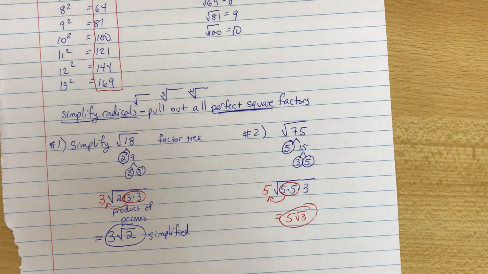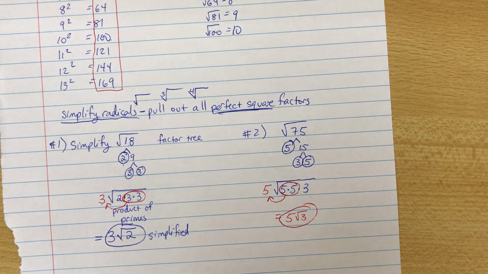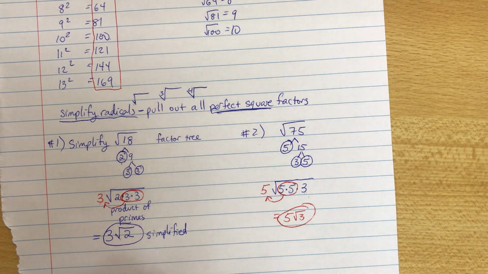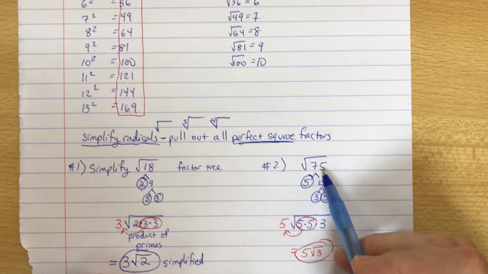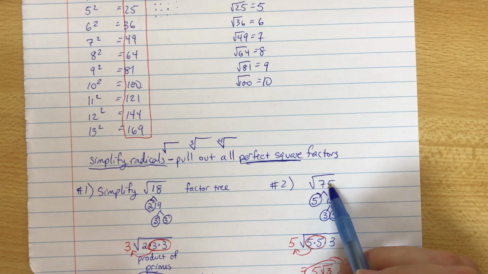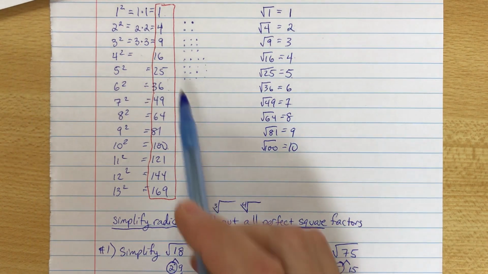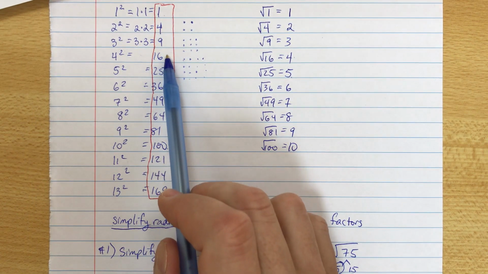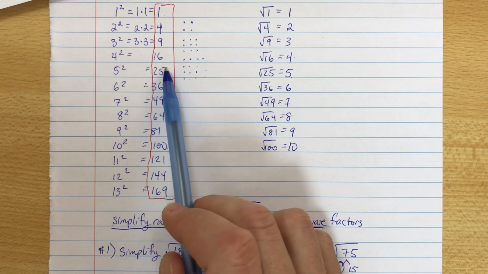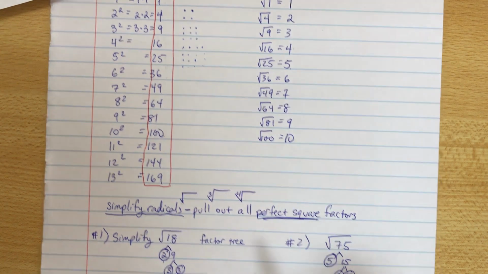A factor tree is always going to work. However, that's not always the best way. If I take the square root of 75, when I look at this number 75, if I look at my perfect squares, you might notice, wait a minute, 25 goes into that.